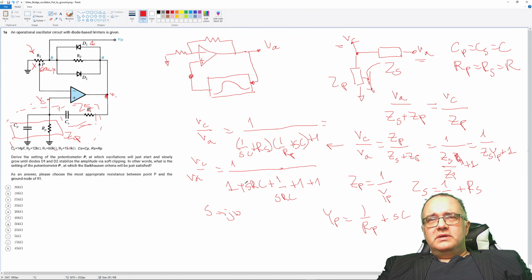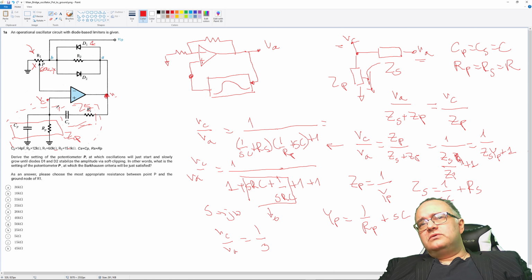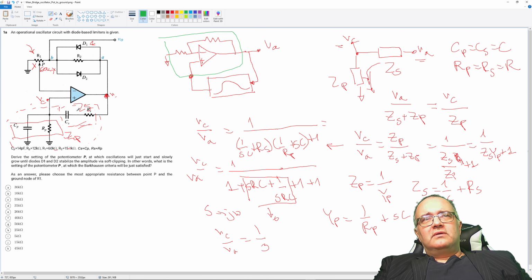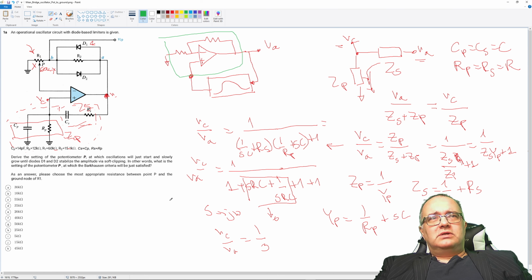For this expression to be real, we require that the imaginary part is 0, which gives us that the transfer at the frequency of oscillation is 1/3. From this point to this point, we lose 1/3 of the amplitude, which means that the forward gain, this part, must provide a gain of 3 or a little bit more than 3 in order to have stable oscillations, in order to compensate for the loss of the frequency selective network.